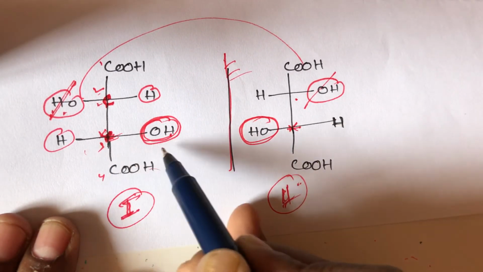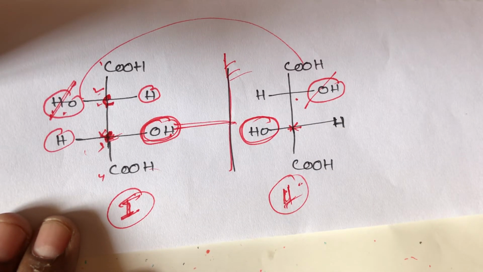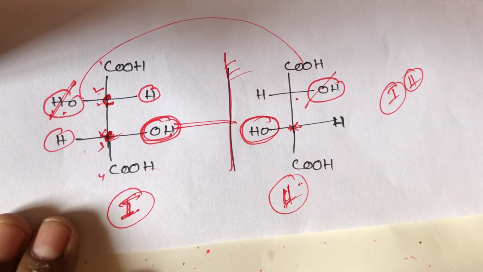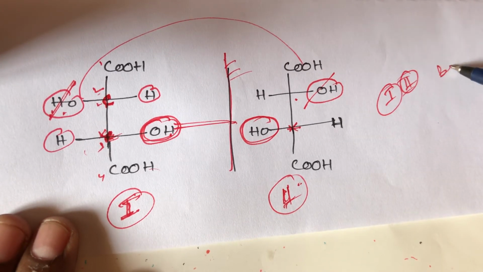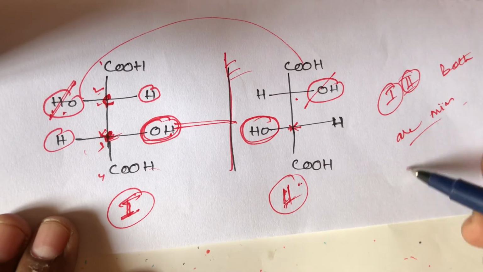These both are mirror images of each other. So that's why these compounds are mirror images. So structure 1 and structure 2 both are mirror images of each other, and these both are enantiomers.